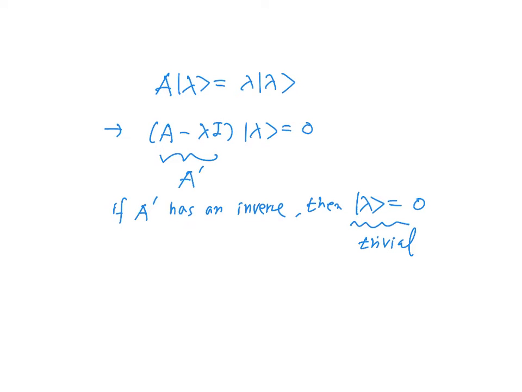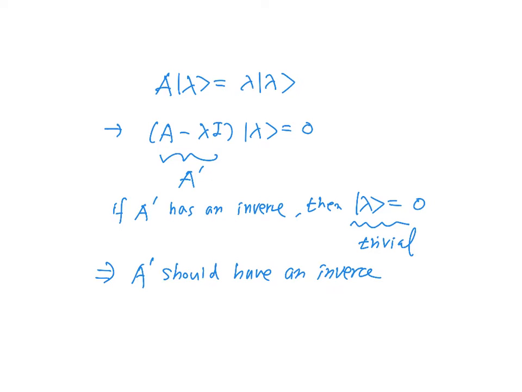We have only one vector, and what we need is a set of orthonormal vectors. So A prime should not have an inverse. Remember, go back to the definition of the inverse matrix. What is the principal condition that the inverse matrix exists? Determinant of A prime should not be 0, right?